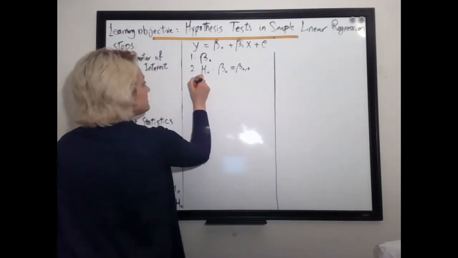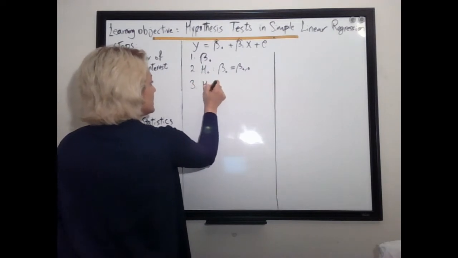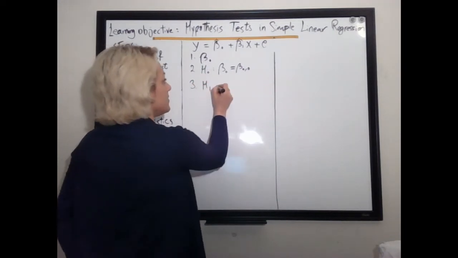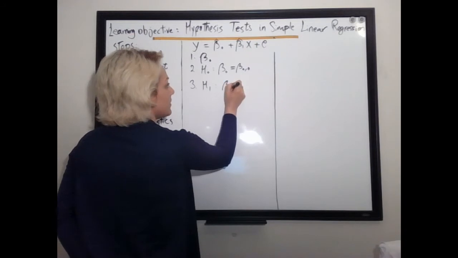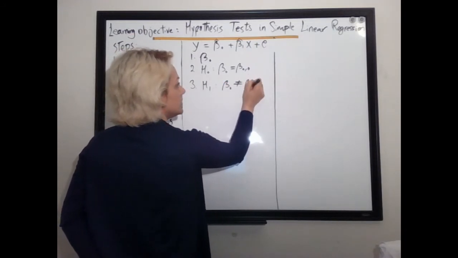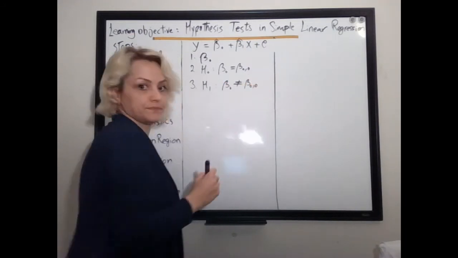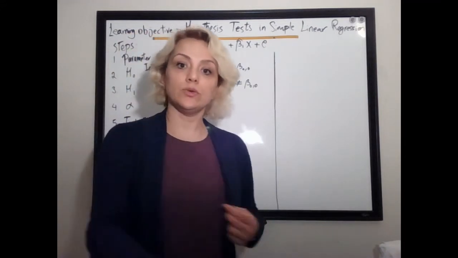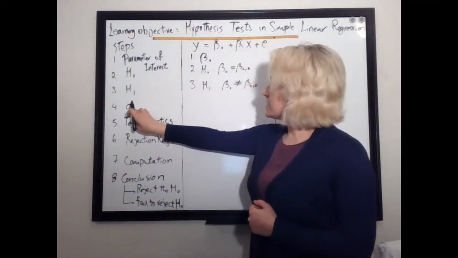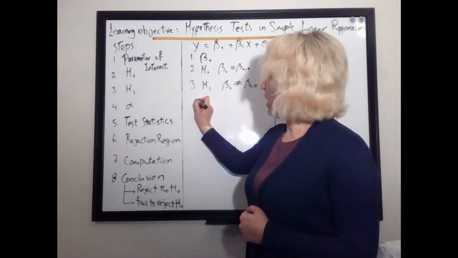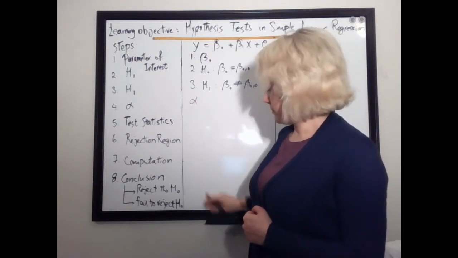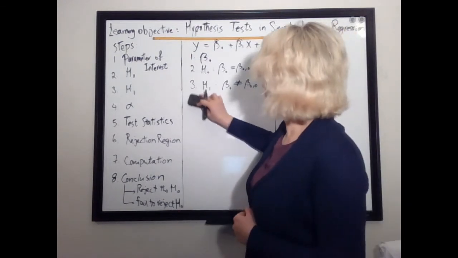Then the alternative hypothesis is that my beta null is not equal to the beta null null. So that's going to be my null and alternative hypothesis. Then it says to find your alpha, which is step 4.